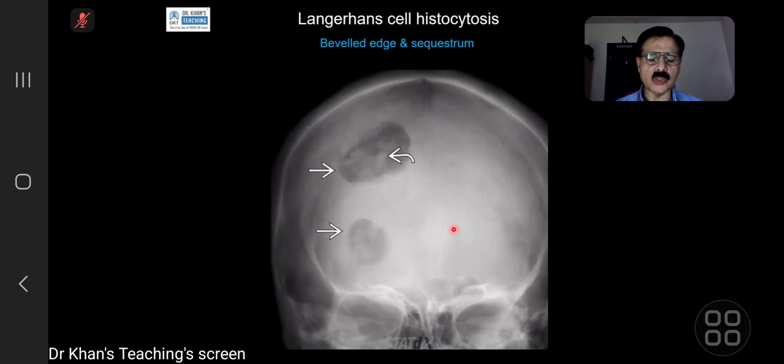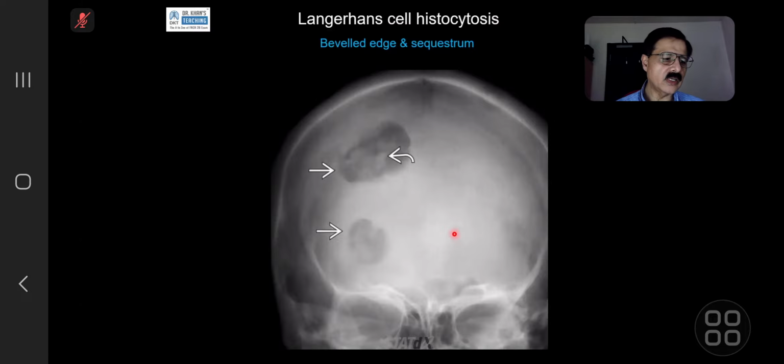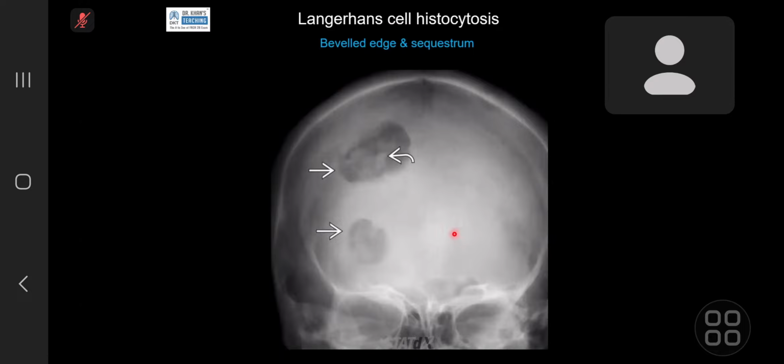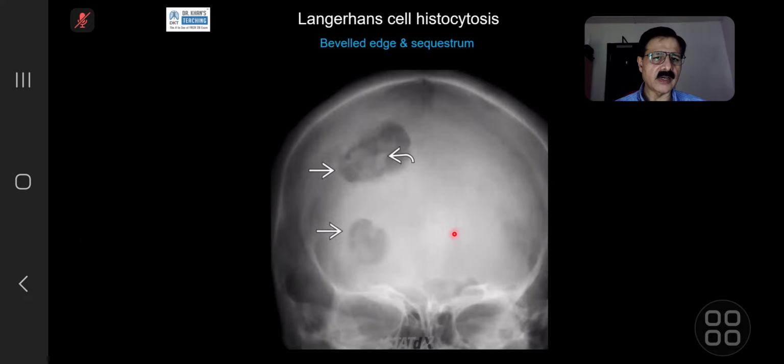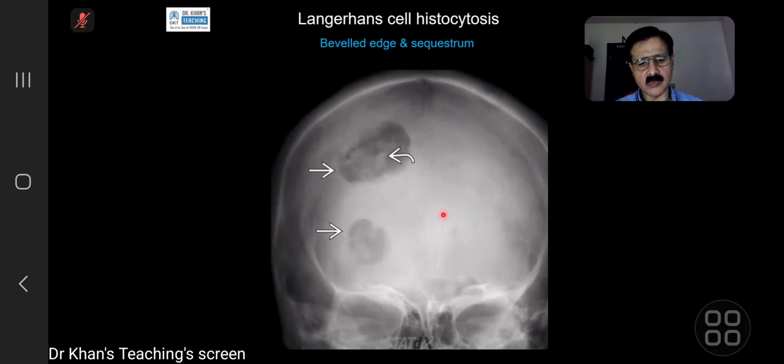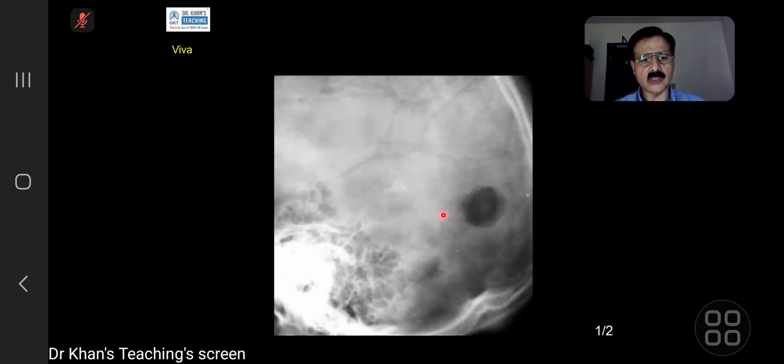Because of these two things, the grilling will be: you will say it is an osteomyelitis, chronic osteomyelitis, fine. But out of these two, what is most likely? Most likely, because of these two factors, it is Langerhans cell histiocytosis, and you might get an 8 out of 8 in that film. So this is the fine touch of it.